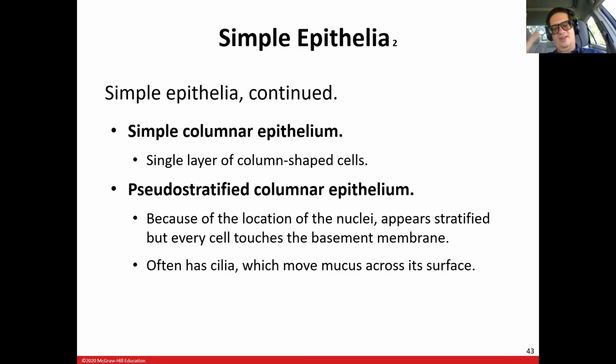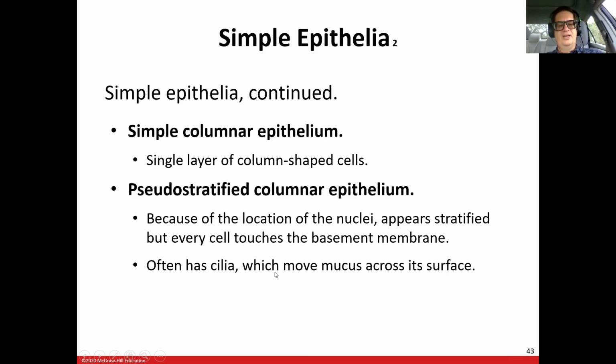Pseudo, fake, stratified. So pseudostratified, it looks like it's got the layers, but it's actually simple. It's one layer. Columnar, they're tall and thin. Because of the location of the nuclei, it appears stratified, but every cell is actually attached to the same basement membrane.